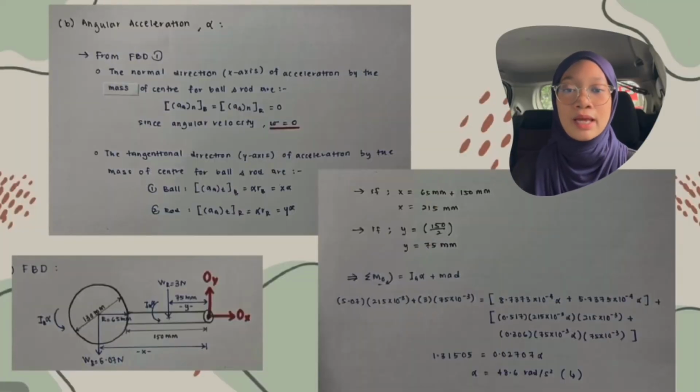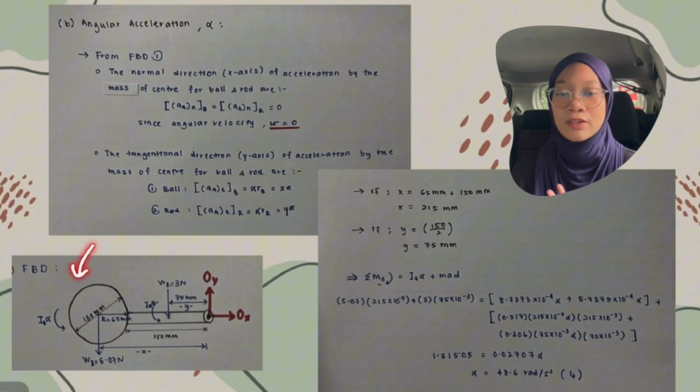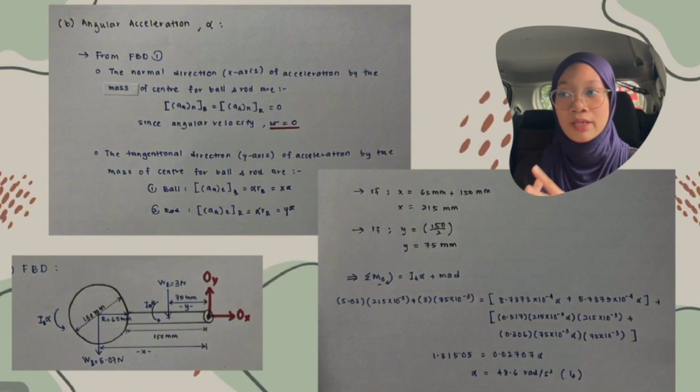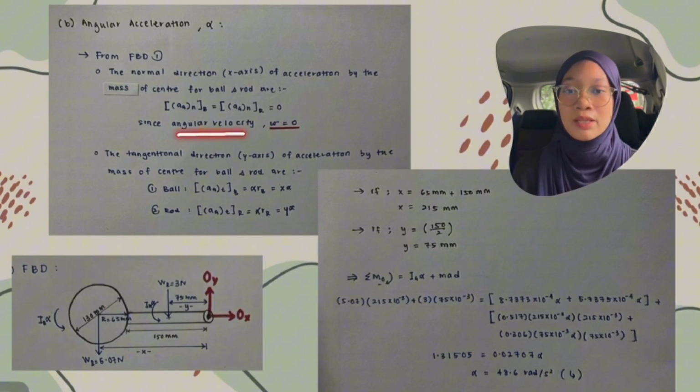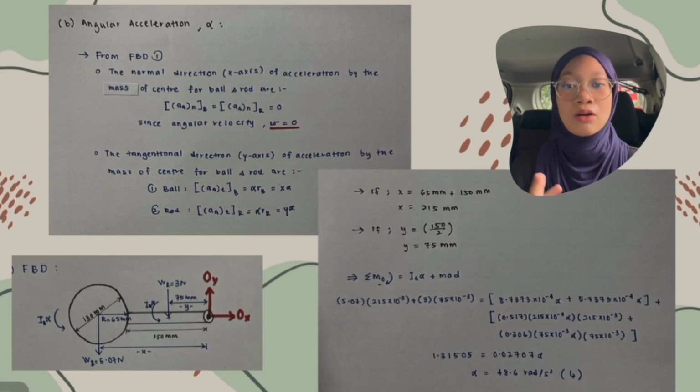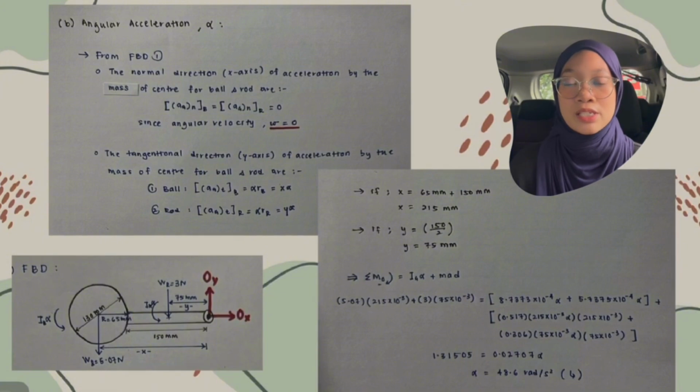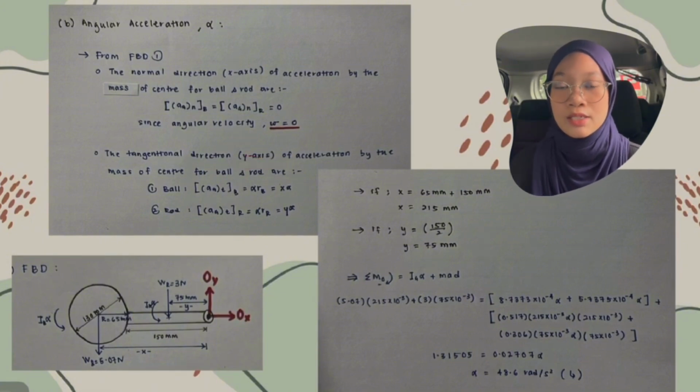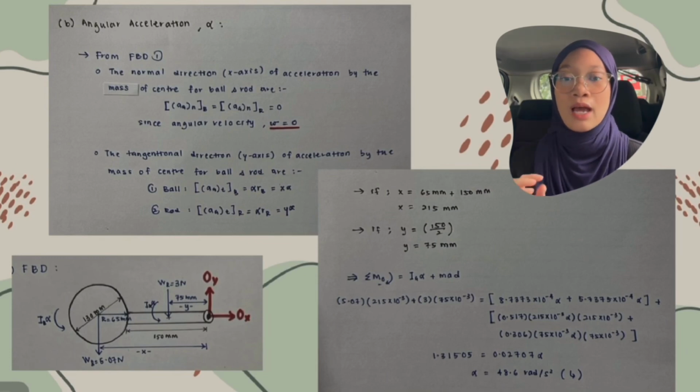Secondly, to determine the angular acceleration, according to the FBD, we have n and t directions. Firstly, for the n direction, which is the x-axis, for the acceleration of the mass center of the ball and also the rod, we determine that there is no angular velocity, which makes all the acceleration in the n direction 0. As for the tangential direction, which is the y-axis, the acceleration of the mass center for the ball and rod has a value.